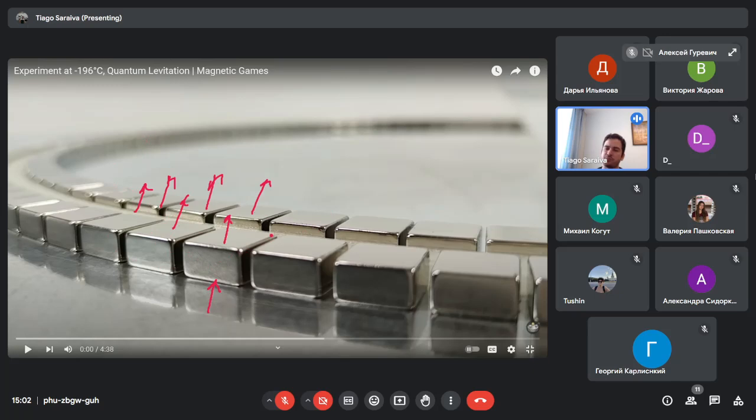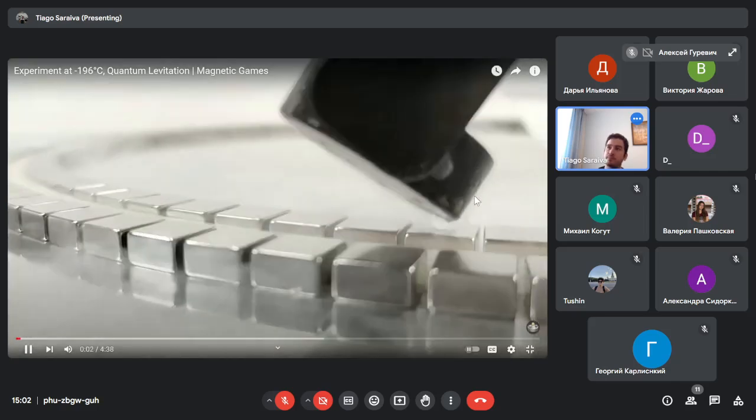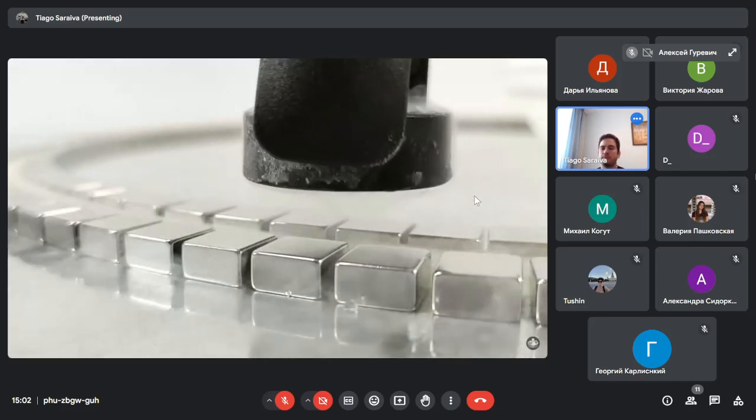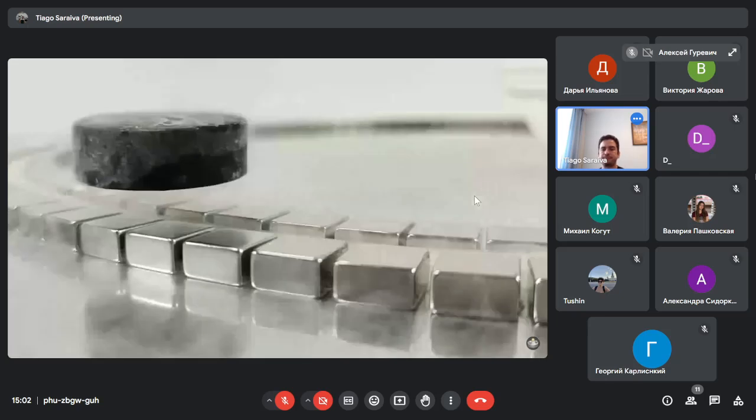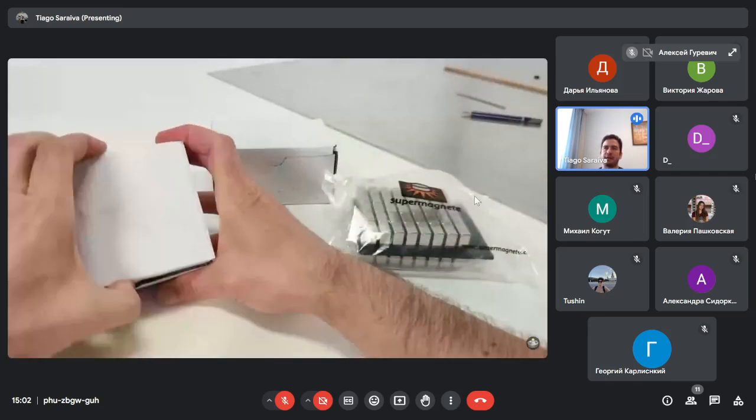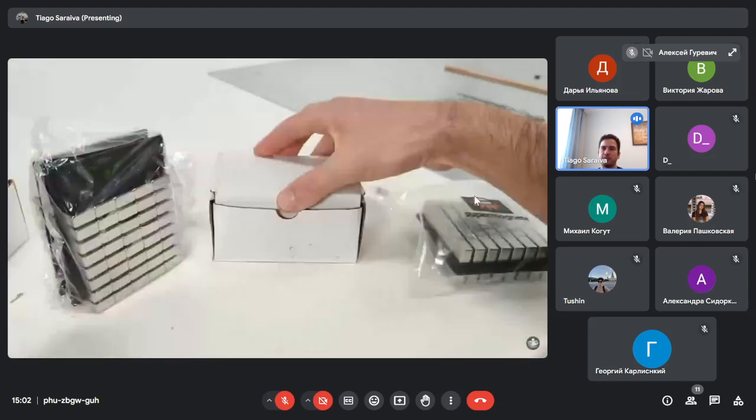And as we saw before, the superconductor doesn't like this magnetic trap. So let's see what happens. Let's watch the video. That black piece you saw was the superconductor.